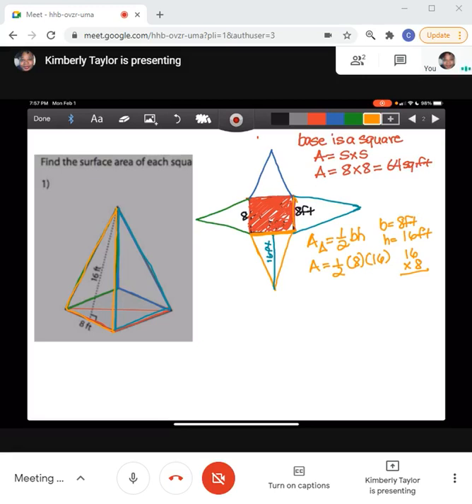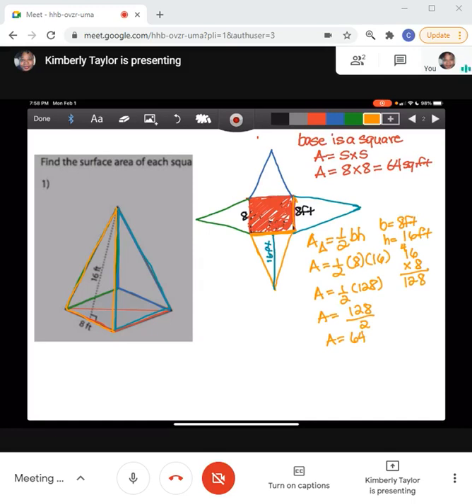So 16 times 8 is 48, carry the 4, and then you get 128. So I have 1/2 times 128, and I think what you're saying is you do 128 divided by 2, and so when you do that, you end up with 64 square feet.